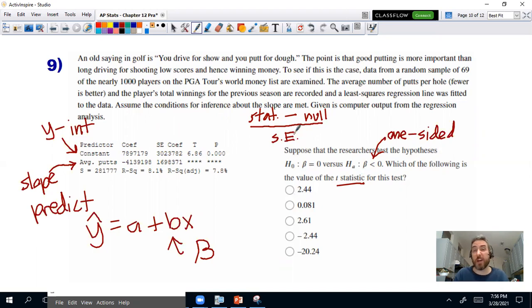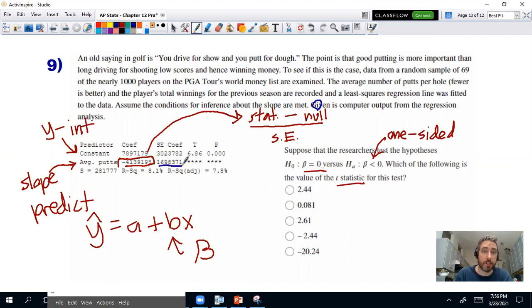That's pretty much every test statistic: your sample minus your null over your standard error. Well, we have our sample slope, right? It's negative 4,139,198. That's going to be this number here, that lowercase b. Our null is 0, so we can put 0 there. And then your standard error, well, that's right here.